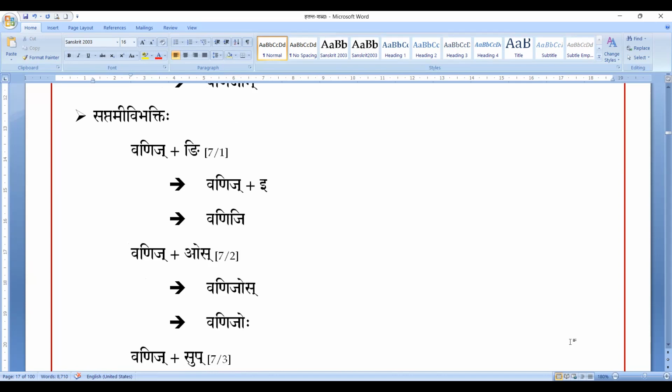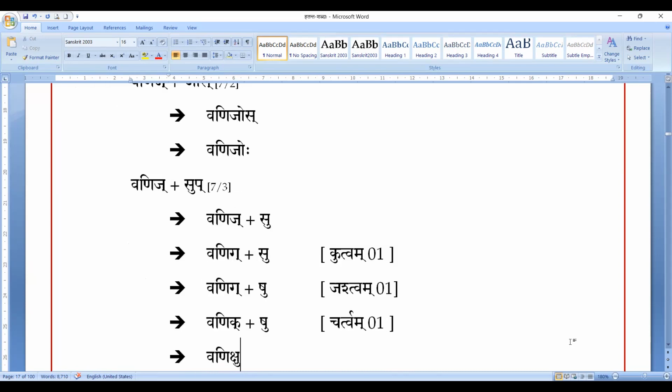What are the rules? In what sequence do you apply them? First rule is Kutvam, followed by Jashtva number 1, followed by Shatva, Tatva, followed by Chartva. So this is the sequence. Kutvam first, by which the Chavarga letter is replaced by the corresponding Kavarga letter. Then you apply Jashtva.